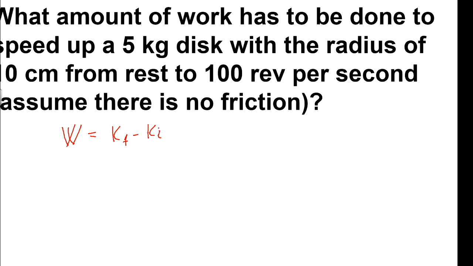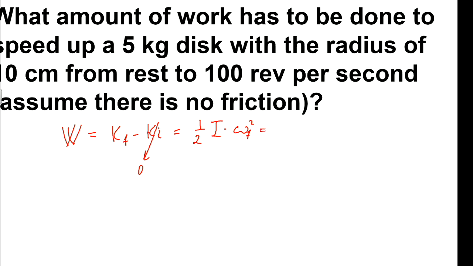The new part is how do we calculate kinetic energy for a spinning object? Well, initial was 0 because it was at rest. And the final should be equal to 1/2. Now, instead of mass, we should use moment of inertia. And instead of speed, we should use angular speed. Well, final, of course.